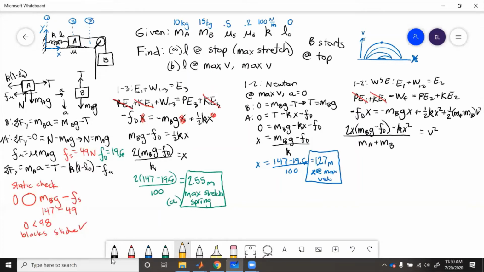So then if we put numbers into here, 2 times 1.27 times (147 minus 19.6) minus 100 times 1.27 squared, divided by 10 plus 15, all square rooted, equals 2.55 meters per second equals v.